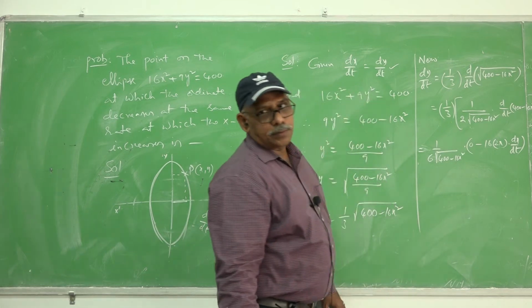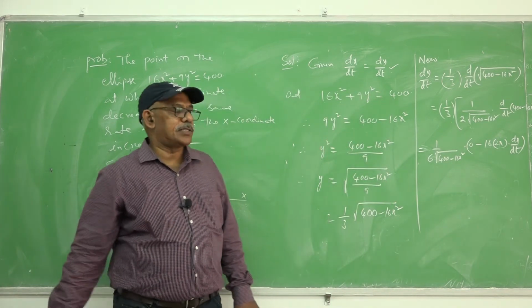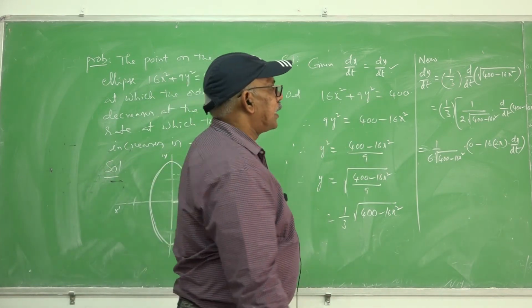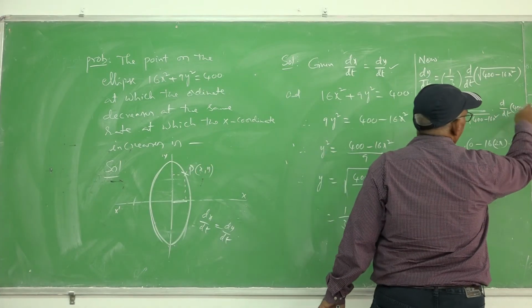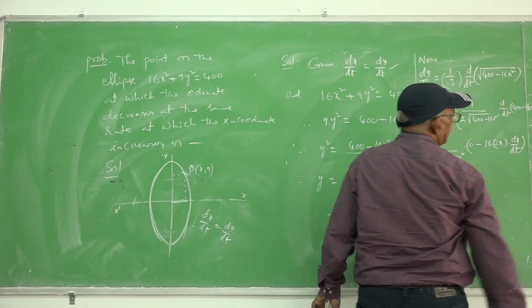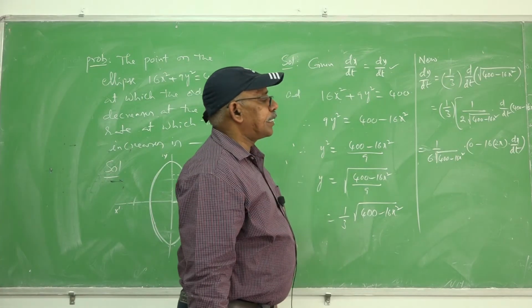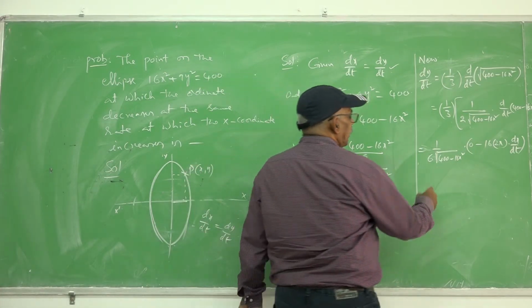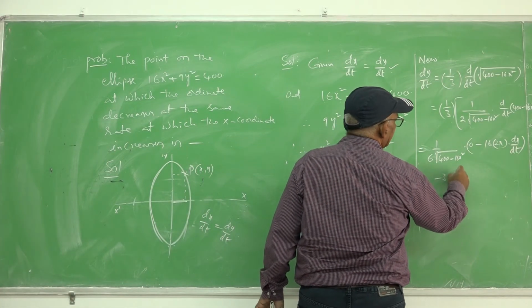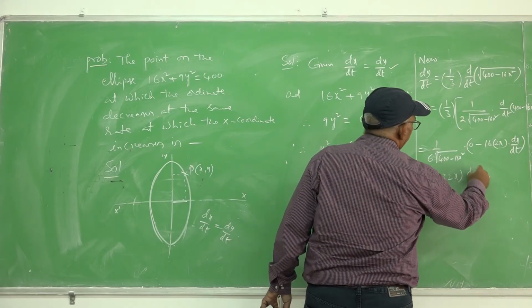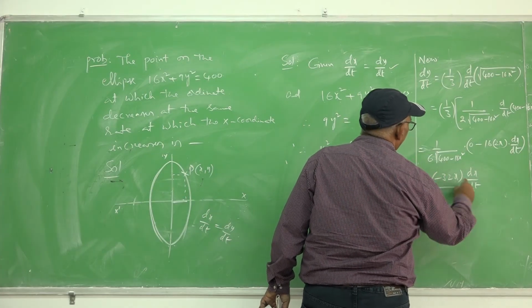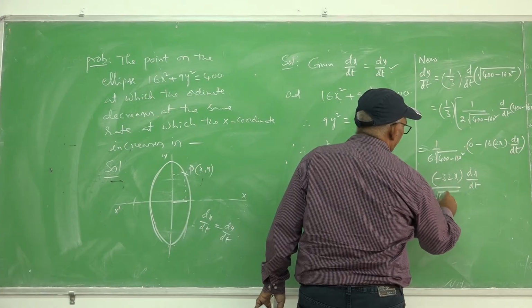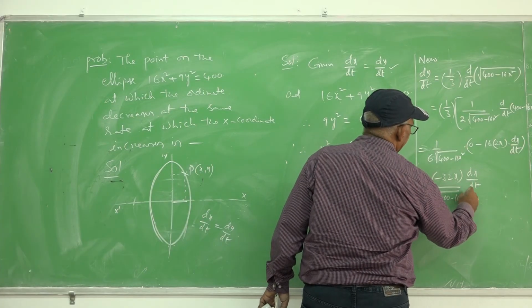The derivative of x square with respect to x is 2x, whereas we are taking with respect to t here, hence dx by dt follows, which is nothing but minus 32x into dx by dt by 6 into root of 400 minus 16x square.